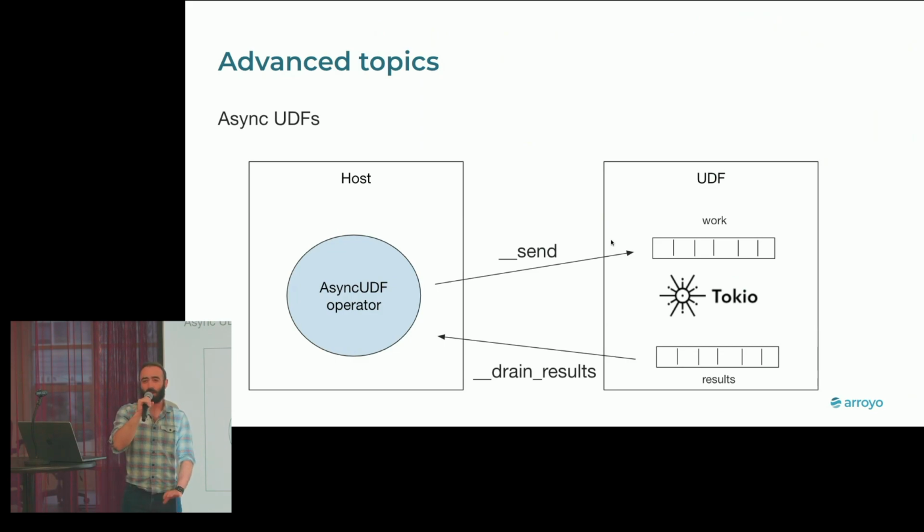And that maintains its own queue that gets data from the host and produces the outputs and then returns them. We also have to implement our own async UDF operator rather than using the built-in UDF system, because these things may take a long time to run, and you really want to run them in parallel. In order to do that, we need our own operator, so we can parallelize them and re-aggregate the results as they return.